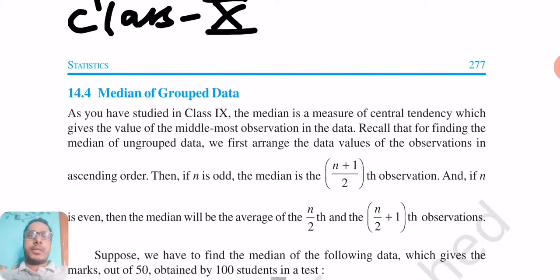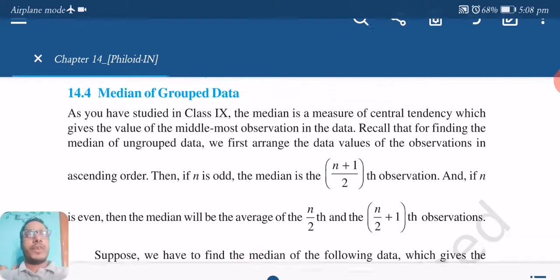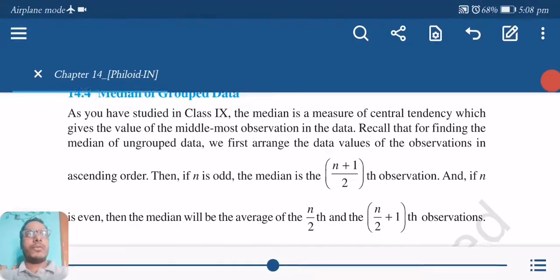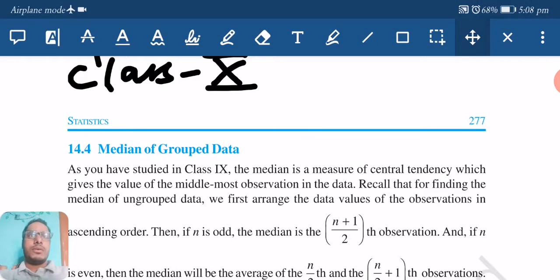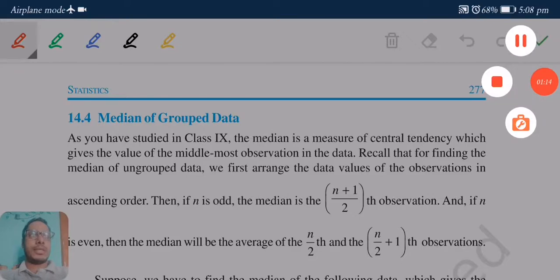In standard 9th, you all have learned the formula of finding median of ungrouped data, right? Median of ungrouped data.